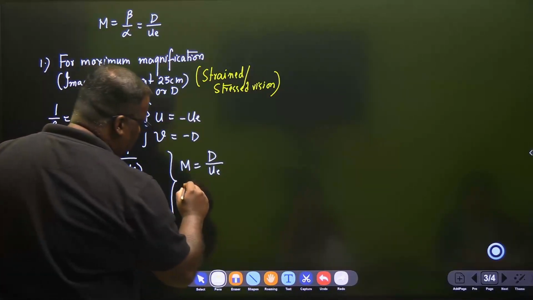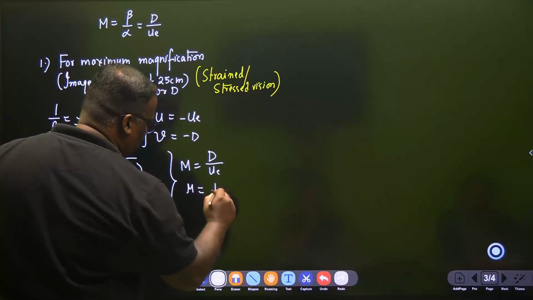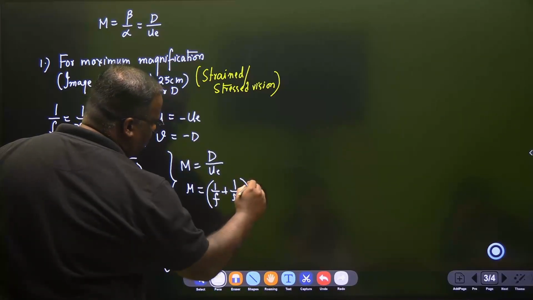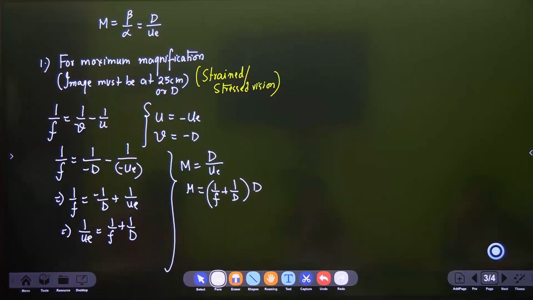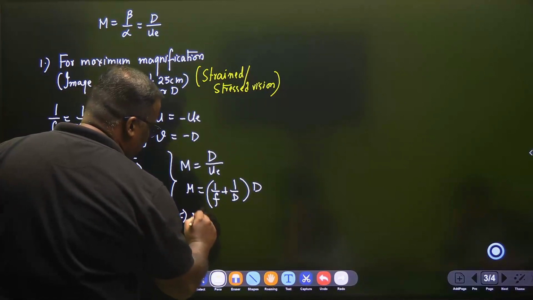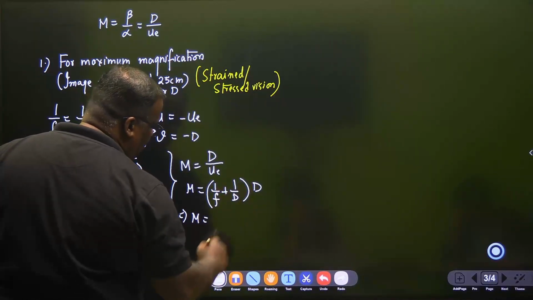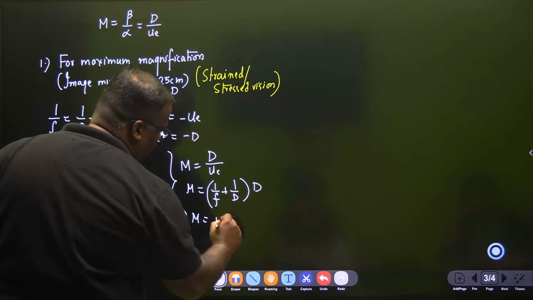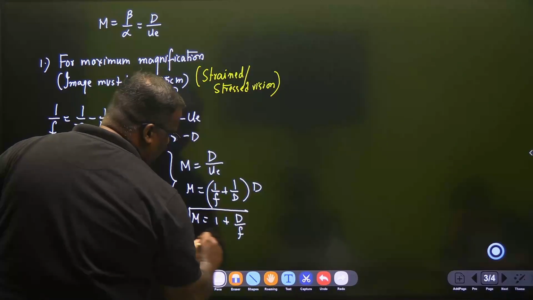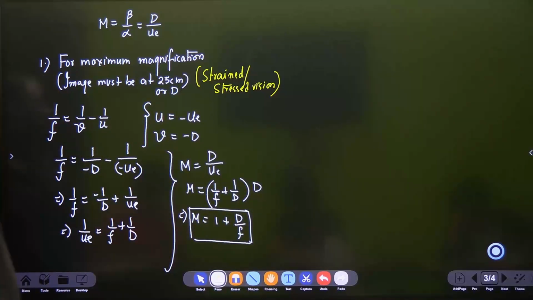So I can write M is equal to 1 upon F plus 1 upon D multiplied by D. Sure? I have put this in there. So my M becomes D multiplied by this, which will become 1 plus D by F. This is the final formula for magnification for strained vision.